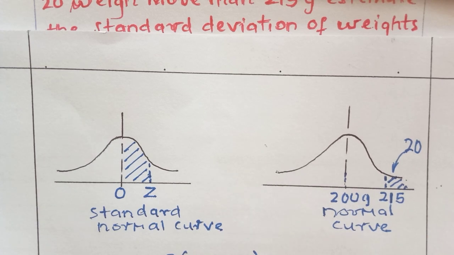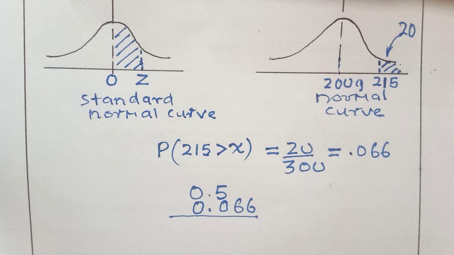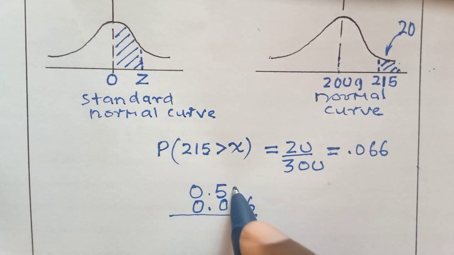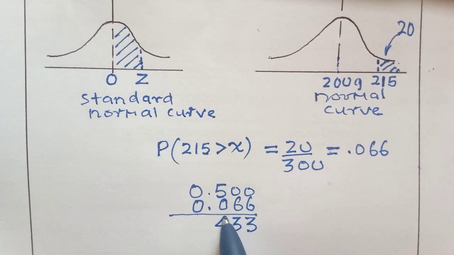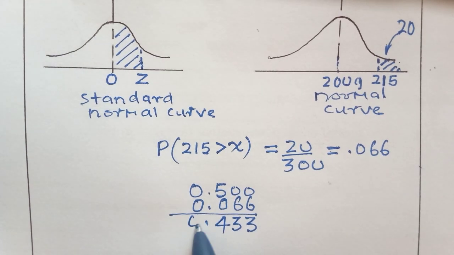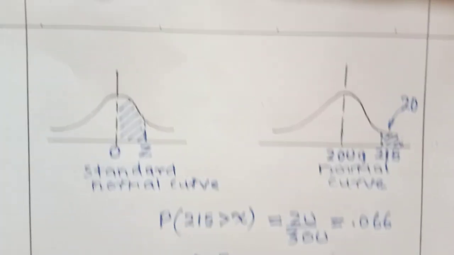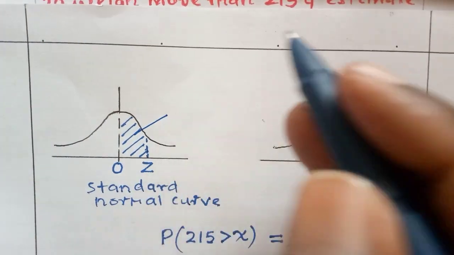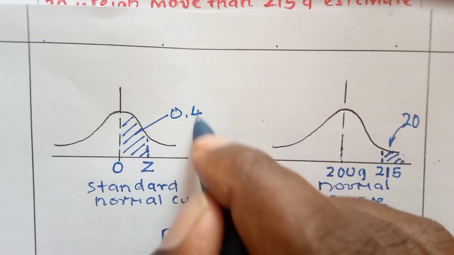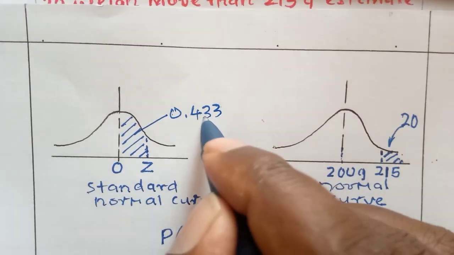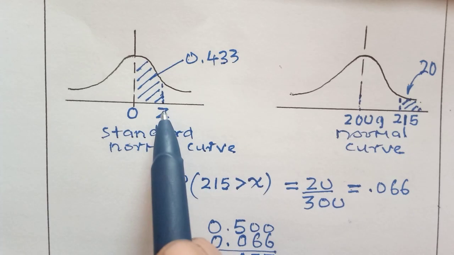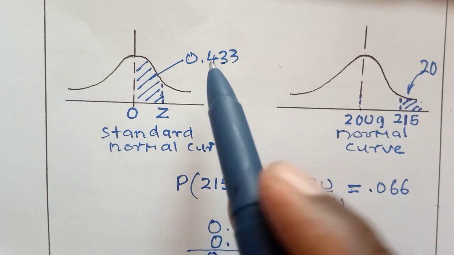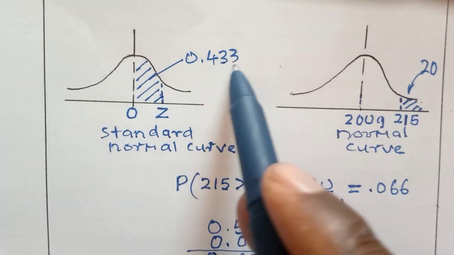This gives 0.433, which is our area at this point.